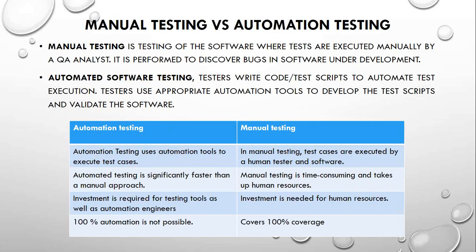Each team will develop a few modules, and they complete all the modules and develop the software. Once the development phase is over, they will actually dismantle the team, right?